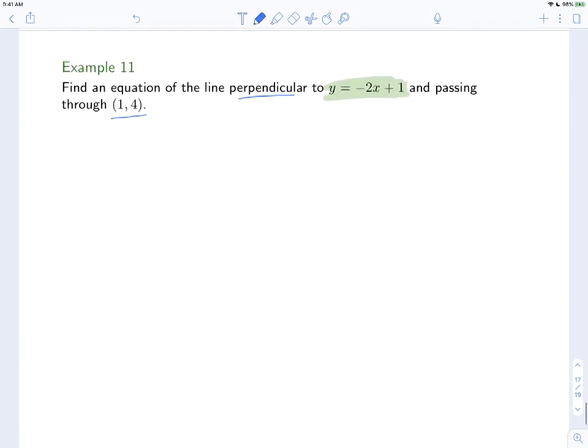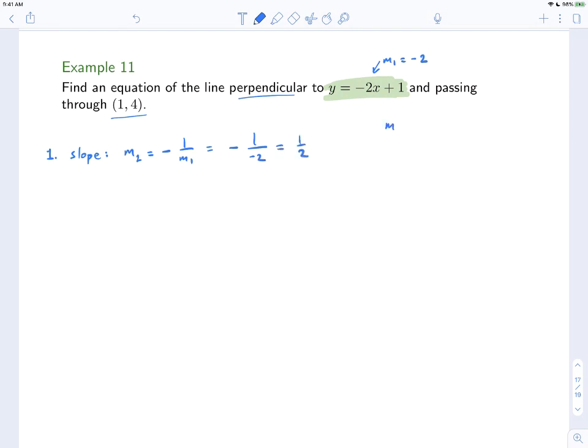So the first step is to find the slope. Well, the slope is going to be the opposite of the reciprocal of this slope. So if this is m1 equals minus 2, then our new slope is going to be minus 1 over m1, is minus 1 over negative 2, which is 1/2.